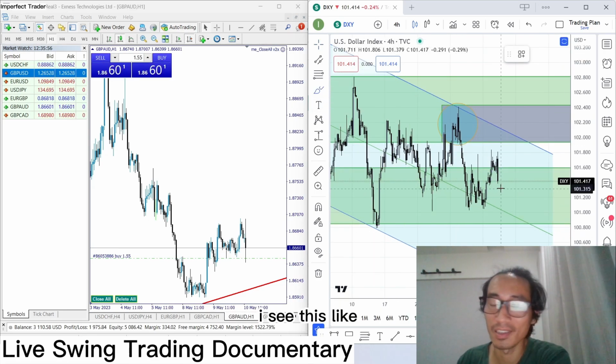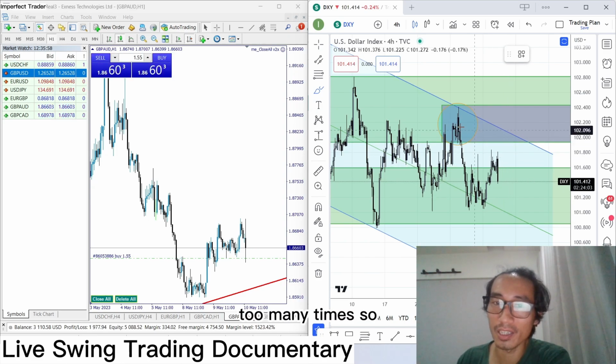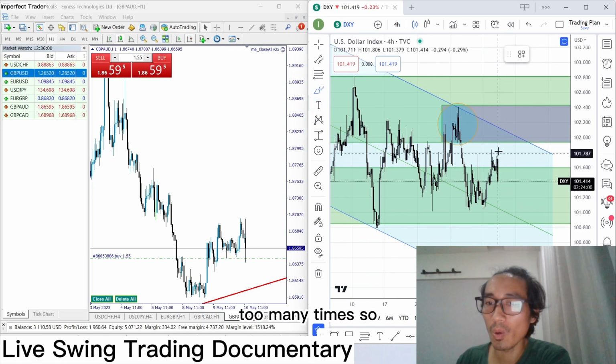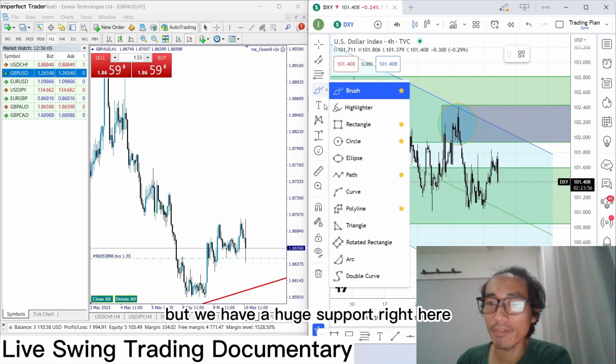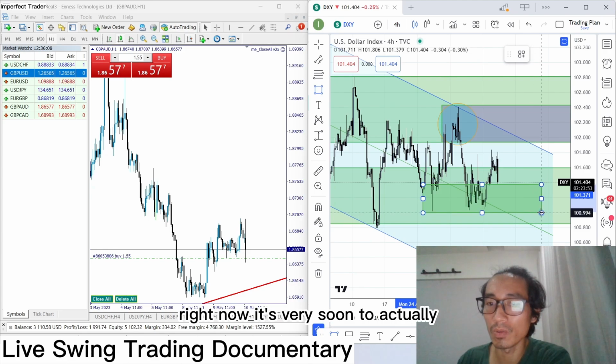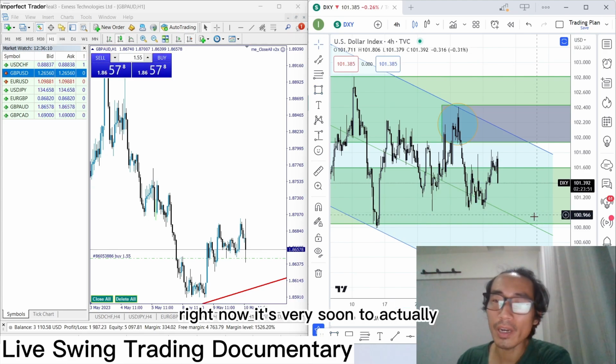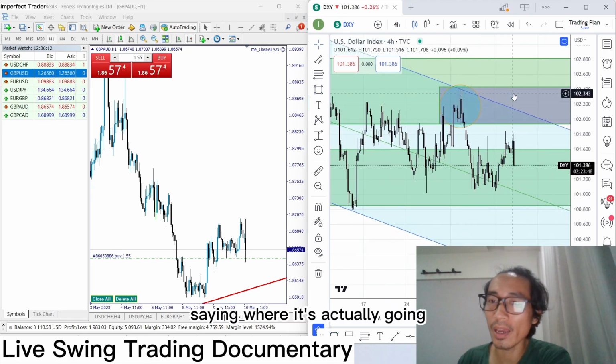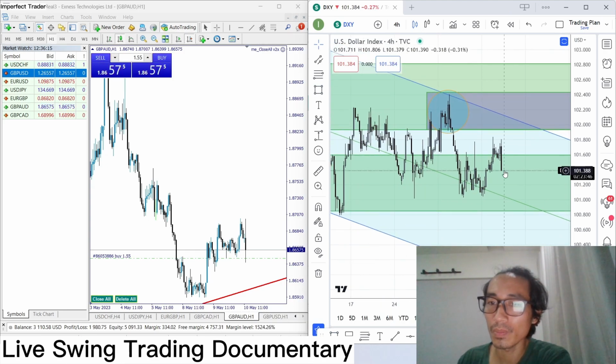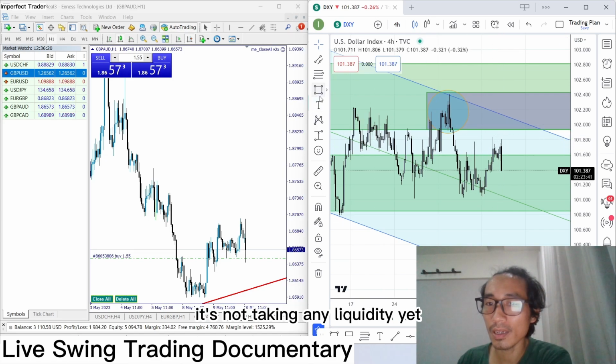I see this line too many times. So price traded down, but we have a huge support right here. Right now it's very soon to say where it's going. It's not taking any liquidity yet.